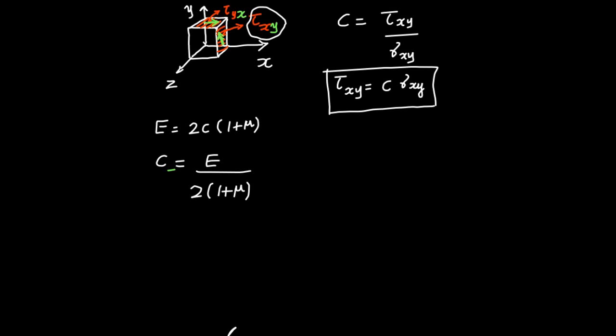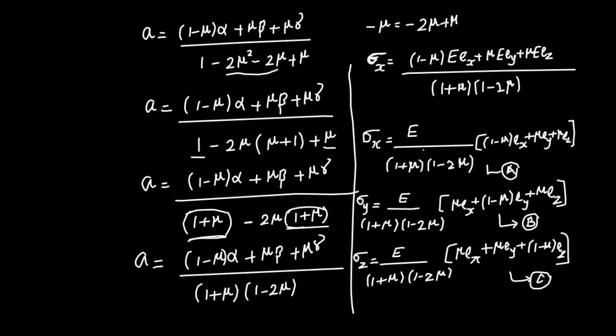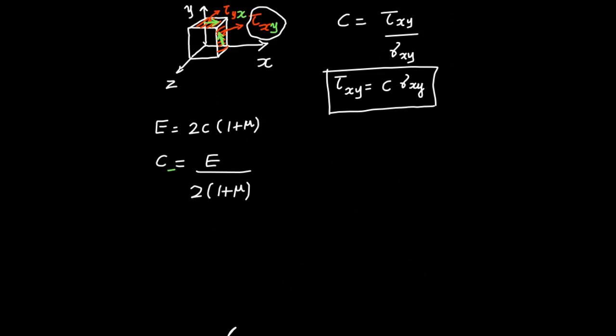You see, in each of the normal stress equations, you are left out with capital E divided by 1 plus mu into 1 minus 2 mu. I want to bring exactly the same term, same coefficient outside. So first thing that I will do is 1 plus mu is already there. So I will multiply and divide by 1 minus 2 mu.